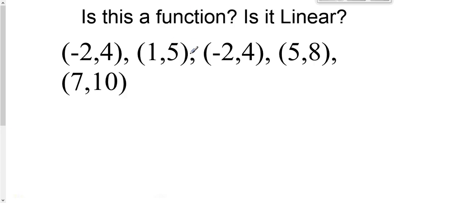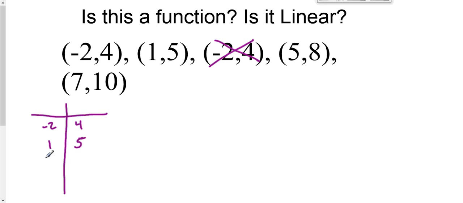Maybe we have coordinate points. The first thing I would do is rewrite this as a table. -2, 4. Find my next smallest x value. I notice that 2, 4 and -2, 4, the repeating points, I don't need to write it twice. 1, 5, 5, 8, 7, 10.